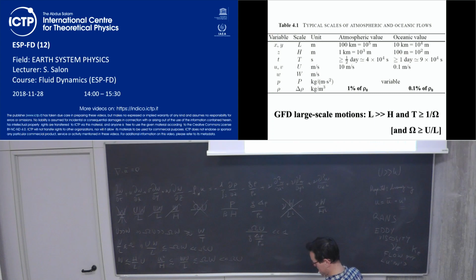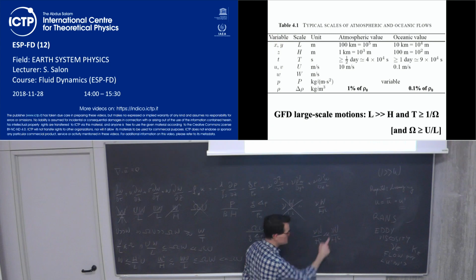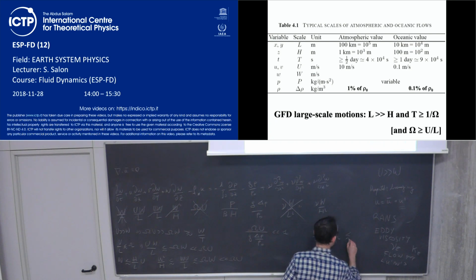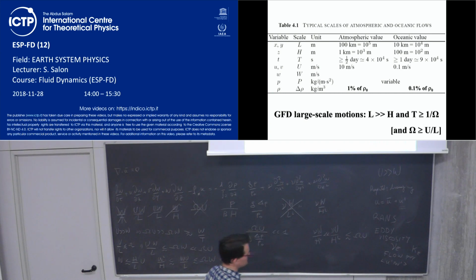Okay, we can say that nu w over h squared is much smaller than nu u over h squared, because w is much smaller than u. But if again I take the ratio between the Coriolis term, so we will see now.